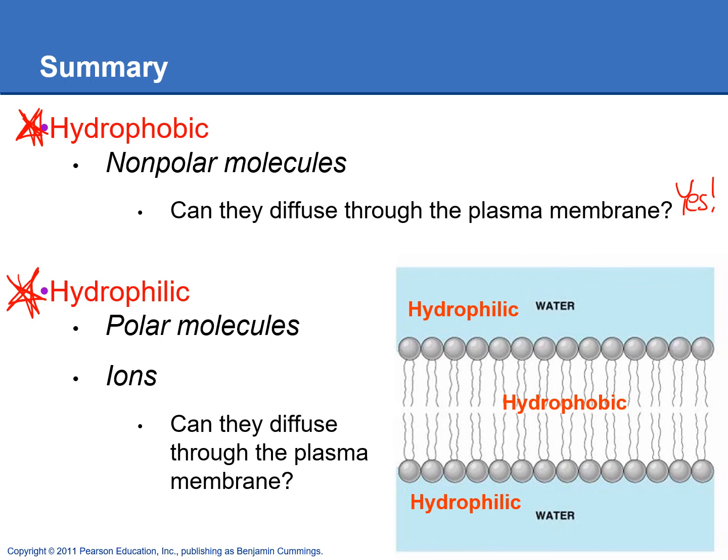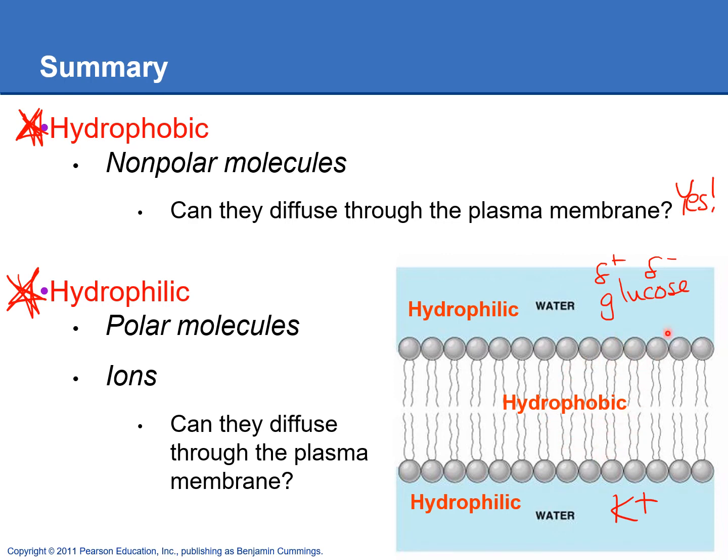So if they are sitting here, maybe you've got a potassium ion, or maybe you've got some glucose, which is a polar molecule and would have some partial positive and partial negative charges on it. If they're sitting on one side of the membrane or the other, they're going to get stopped by this middle part of the plasma membrane that's hydrophobic.